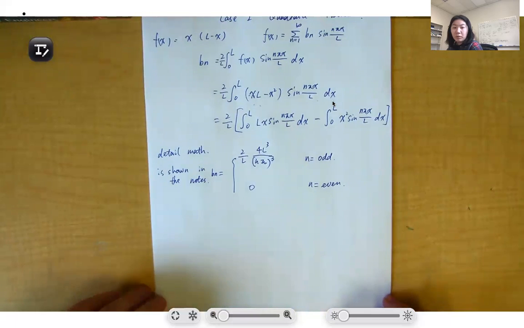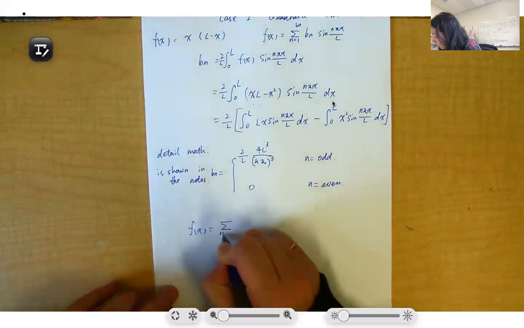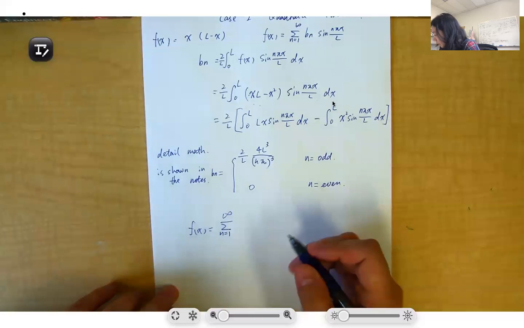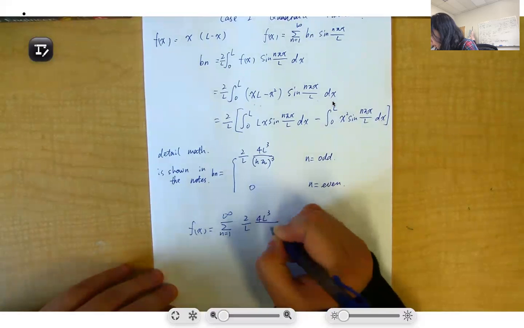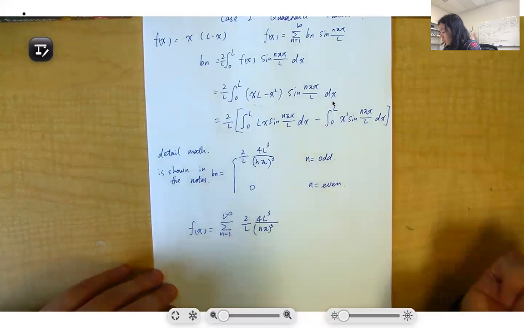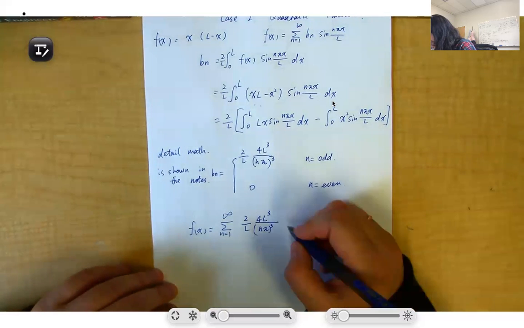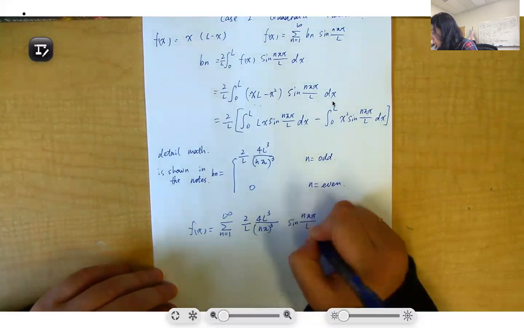Then you can represent your f(x) as the sum from n equals 1 to infinity of 2 over L times 4L cubed over (n pi) cubed, times sine(n pi x over L).